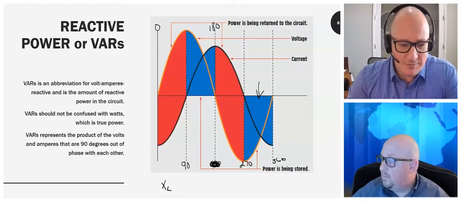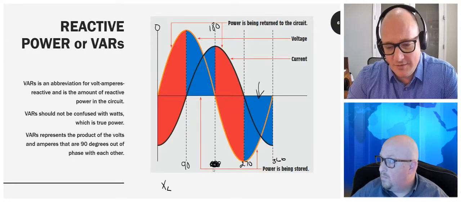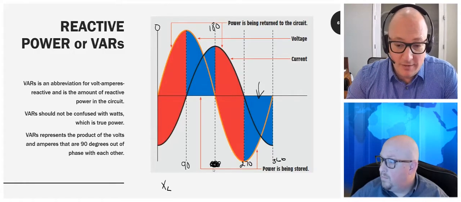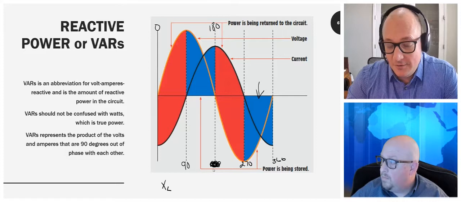And that relationship just continues to go on in a purely inductive or a purely capacitive circuit. And capacitive just being, well, we put in power to create an electrostatic field. The electrostatic field is displaced and returned to the source with a counter electromotive force.